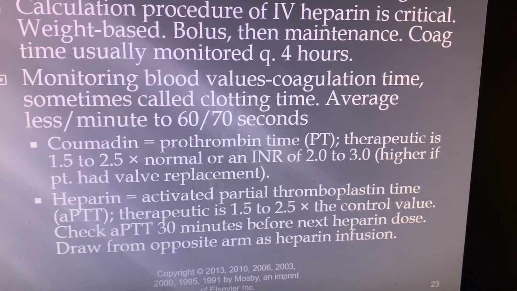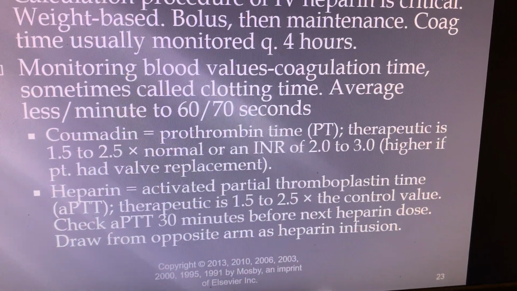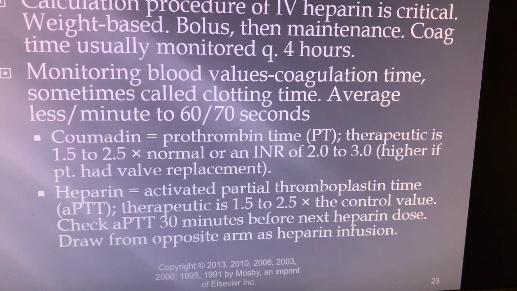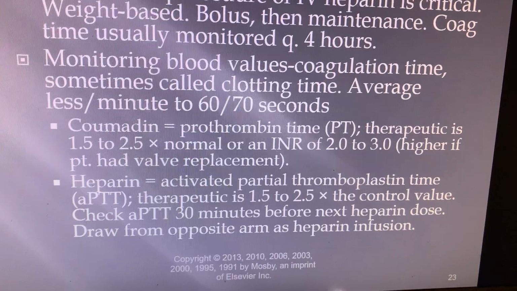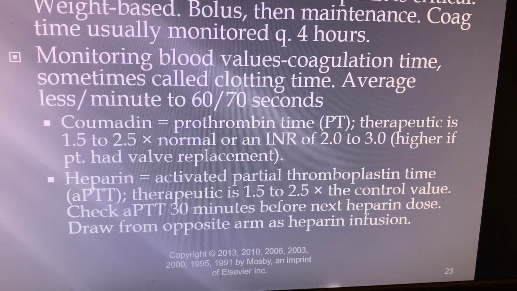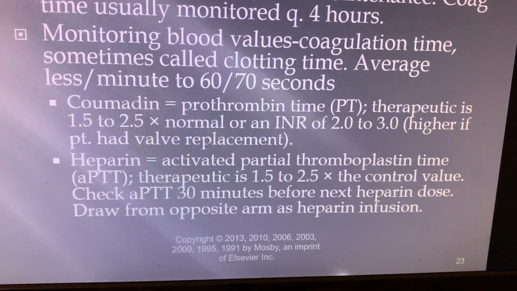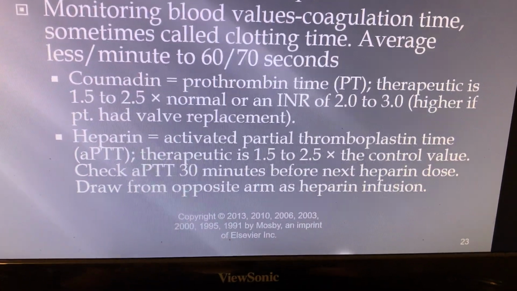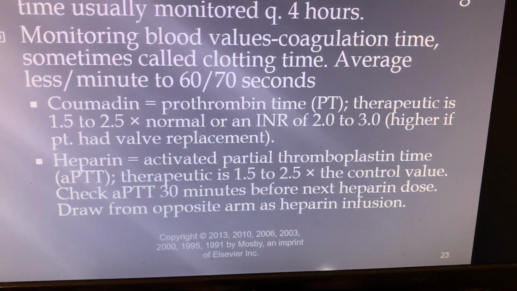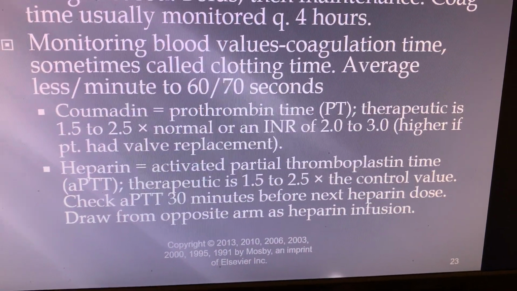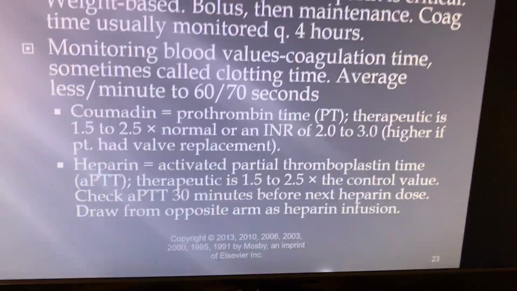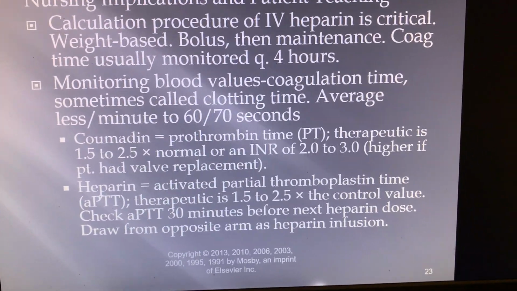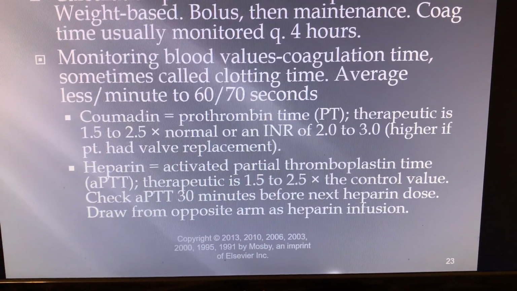Now, a therapeutic rate, a rate that tells you that you have reached a therapeutic level of Coumadin, is 1.5 to 2.5 times normal. So normal generally is referred to as your baseline or your control time. So baseline and control are two phrases you might hear when you're referring to somebody's initial uncoagulated time.